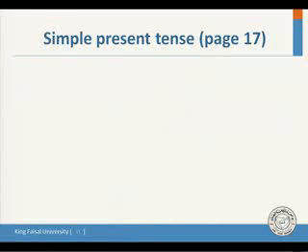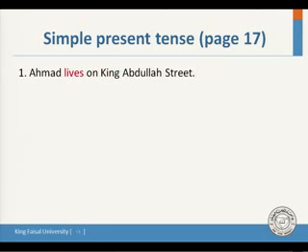Okay? Now, the simple present tense. What is the simple present tense? Let's take some examples. Sentence 1. Ahmad lives on King Abdullah Street. What is the verb in this sentence?